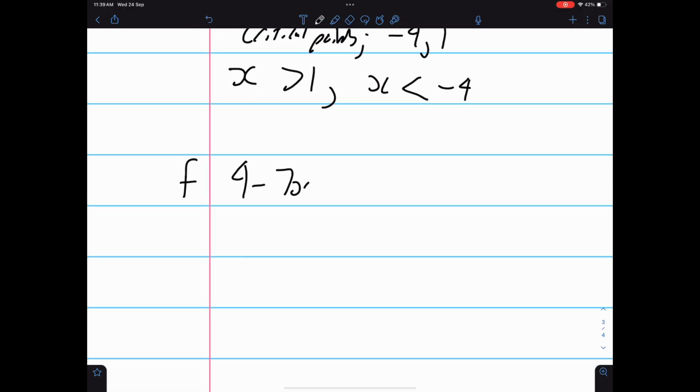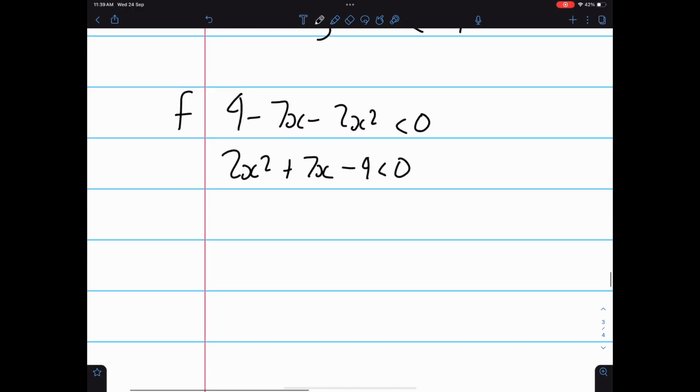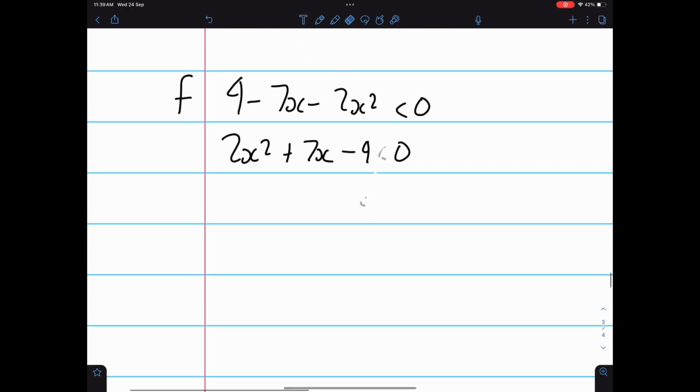4 minus 7x minus 2x squared is less than 0. Move everything over to the right side. Remember to swap the sign.